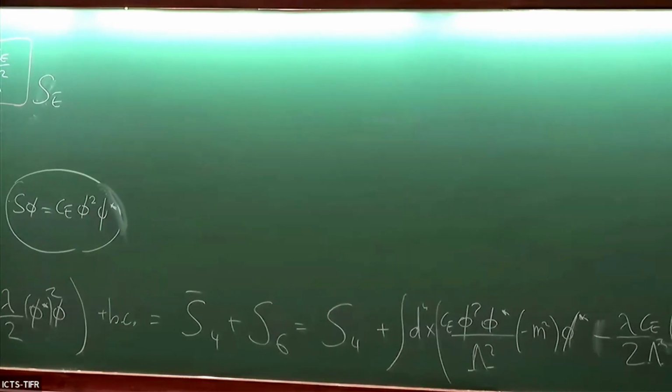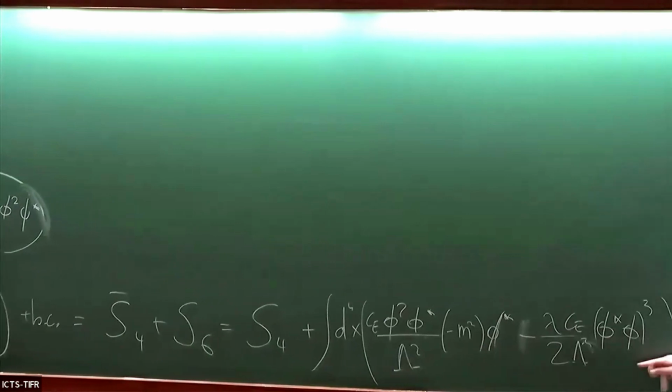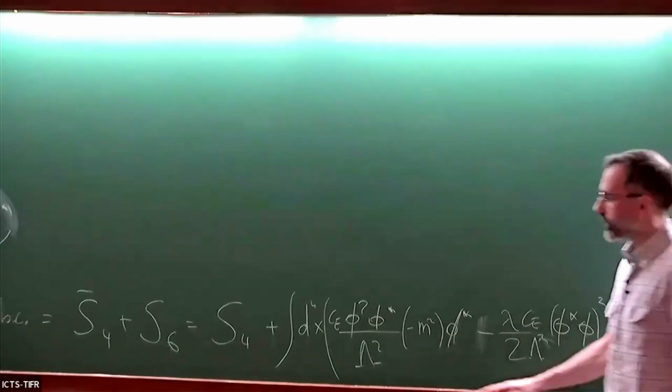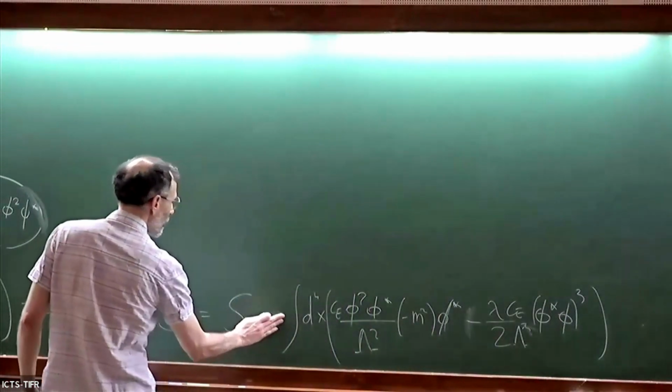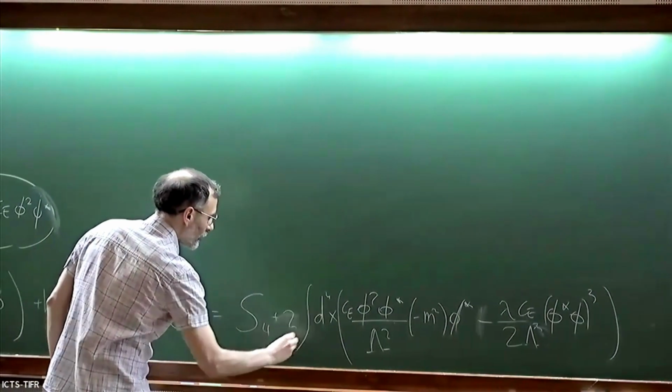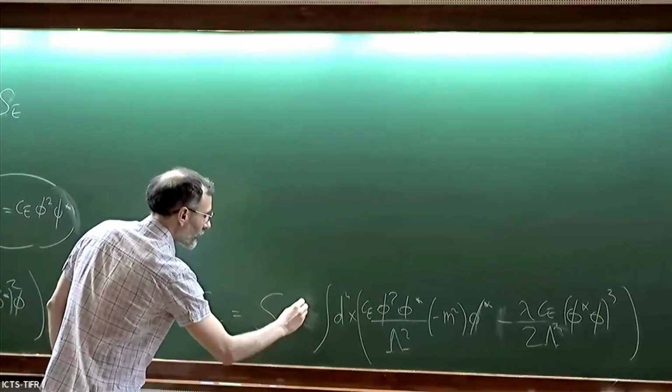But now I stare at this long enough and I realize that this is already Hermitian conjugate itself, so that's going to give us just a factor of 2 up front. Hope you can see that from the back.